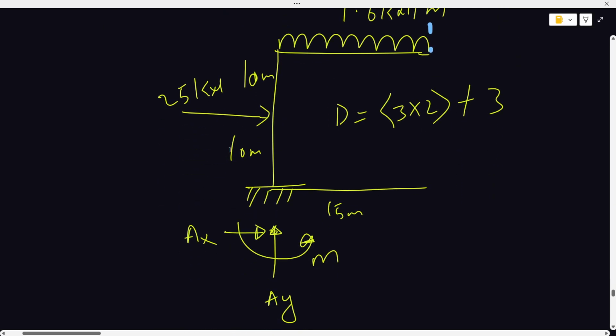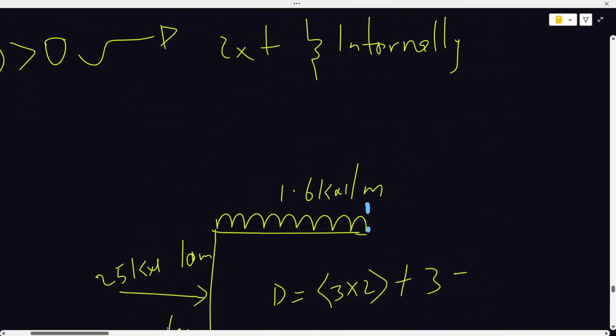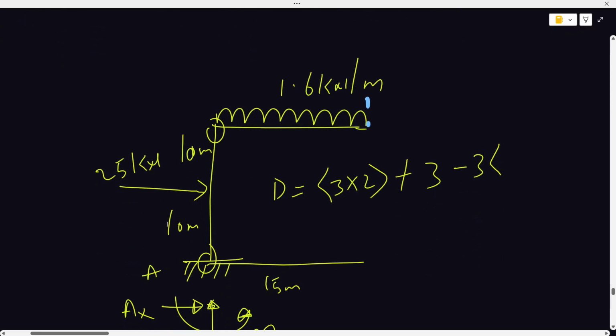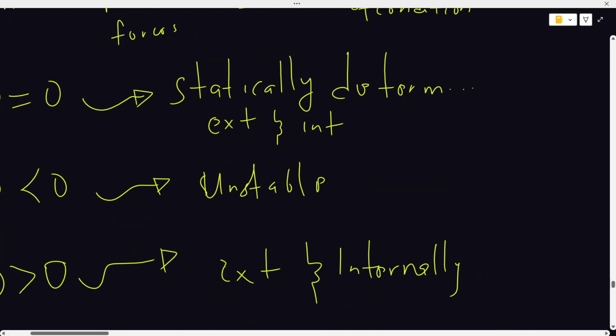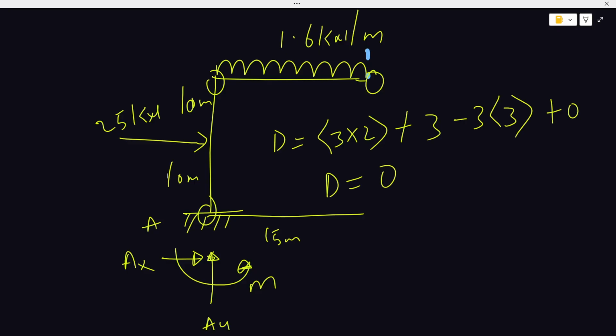I mean, from this A, we have 3 reactions. Minus 3, we have how many joints? We have 1, 2, 3 joints. Now NER is 0 here, so plus 0 or minus 0. So you'll find out that this is going to be 0. Do you get?